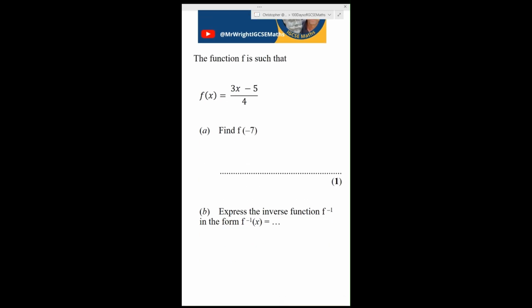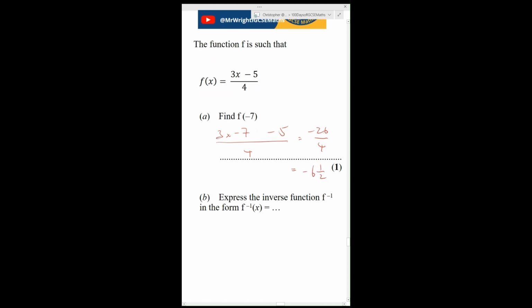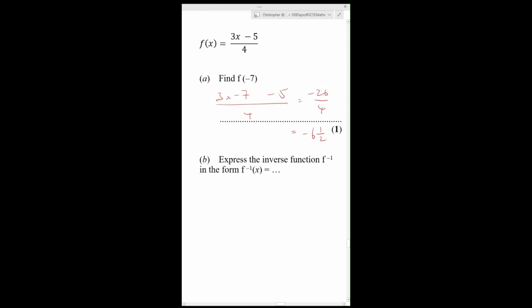Okay, f of -7 is going to be 3 times -7 minus 5, all divided by 4, which is -26 divided by 4, which is -6.5. Okay, to find the inverse function, I'm going to start by saying that y equals 3x minus 5 over 4, and I'm going to make x the subject of this expression, adding 5 to both sides.